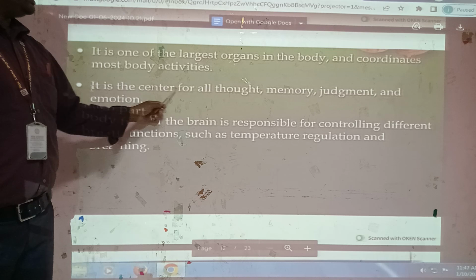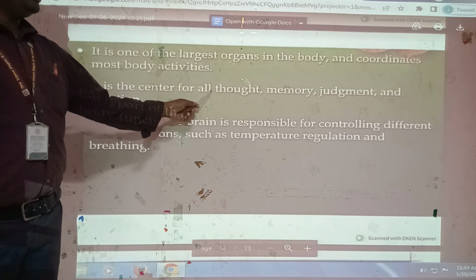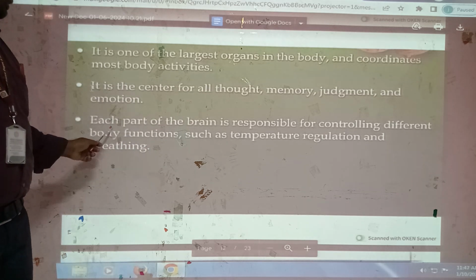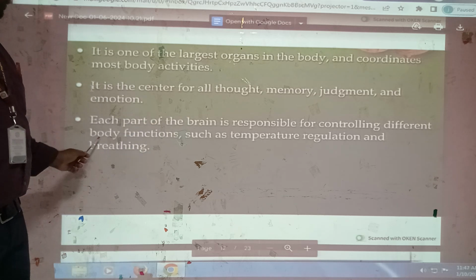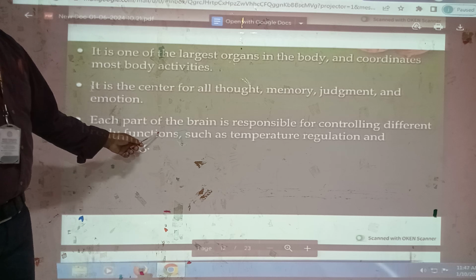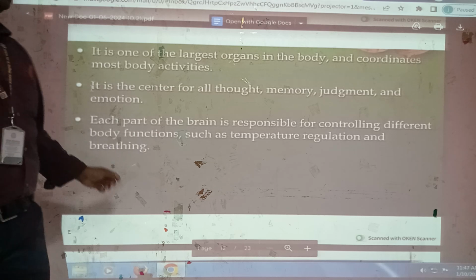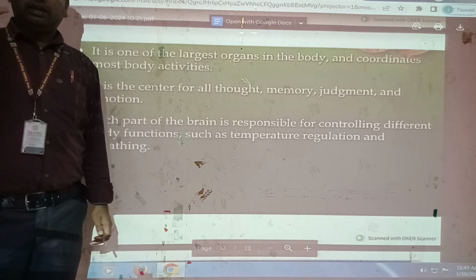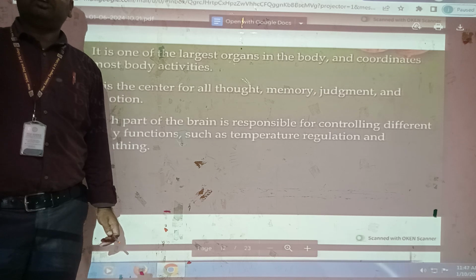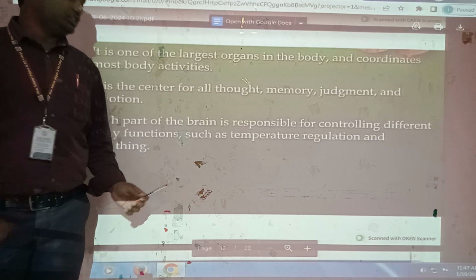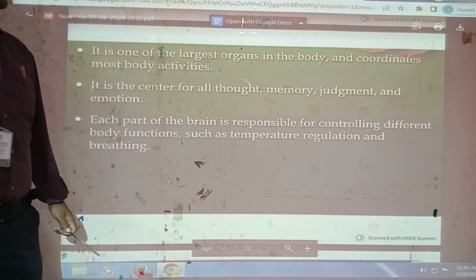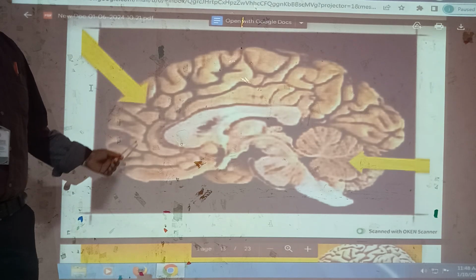It is the center for thought, memory, judgment, and emotion. Each part of the brain controls different body functions such as temperature regulation and breathing. The forebrain, the cerebrum or large brain, handles memory, emotion, and all activities in our body system. This is the brain structure.